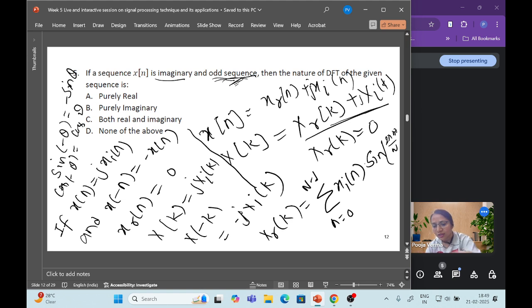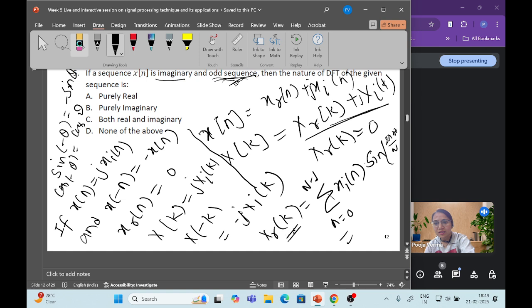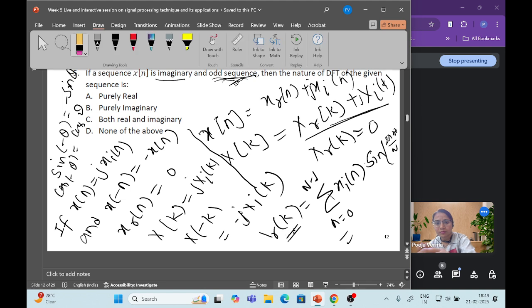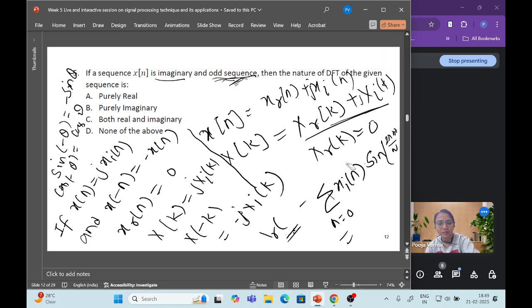Already we know this part. So if we write the whole equation, the real part will be odd, since sine of minus theta is minus sine theta. But here the real part is 0, so we don't need to consider the real part. Now if we consider the imaginary part, that's what you will get. Just a minute.